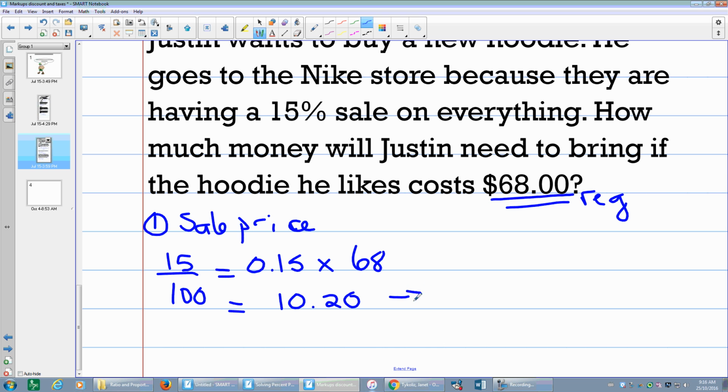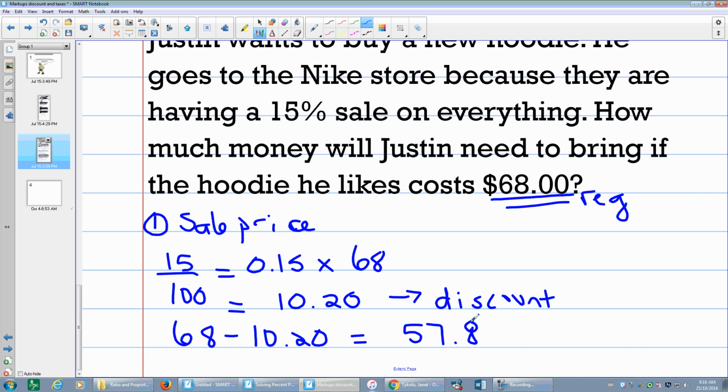So this is what our discount is. Once I have my discount, I can take the $68 and I'm going to subtract it from $10.20. That's the regular price minus the discount. And I get that the sale price is $57.80.